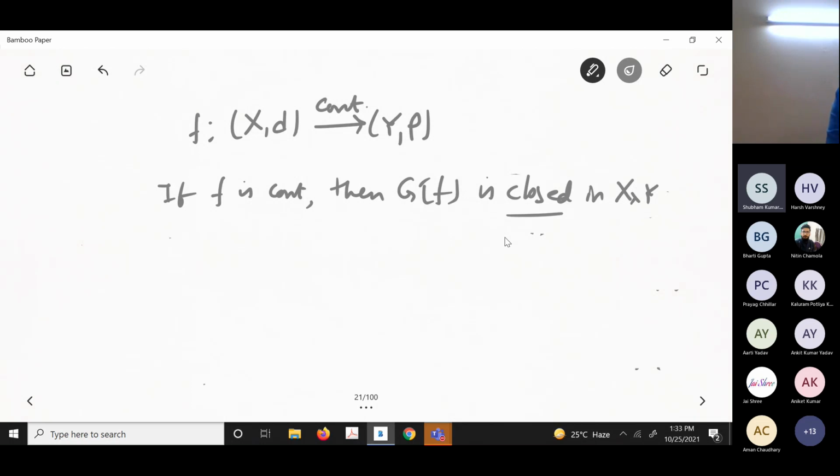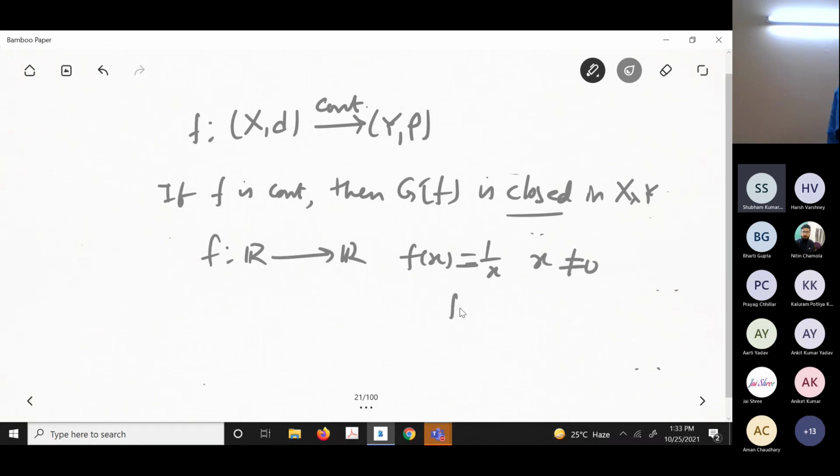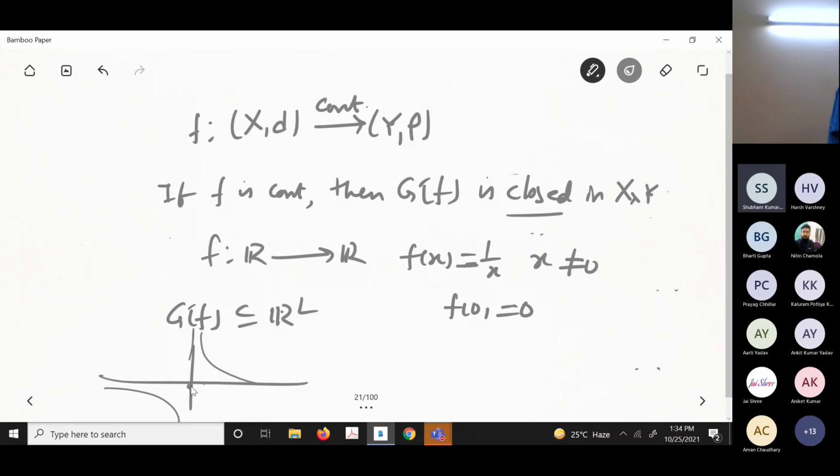Look, now on the other hand, if you take this function, look, its graph G_f.